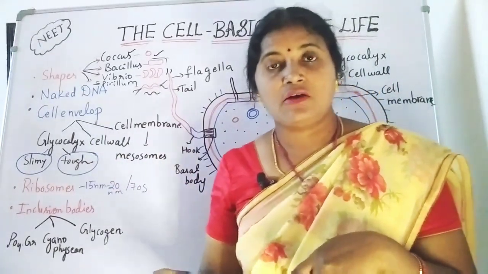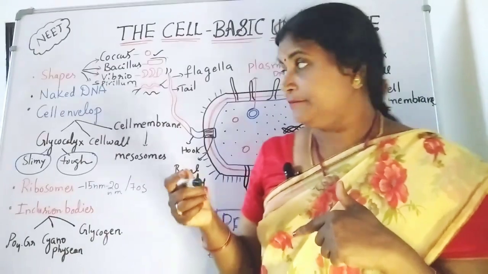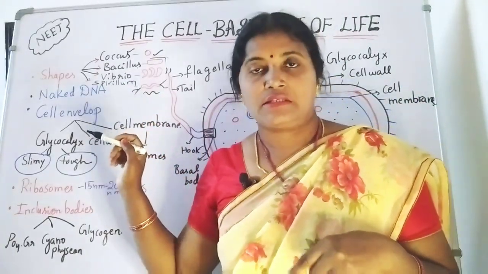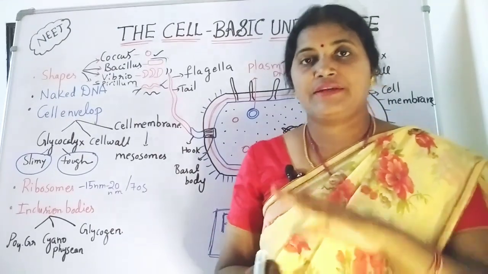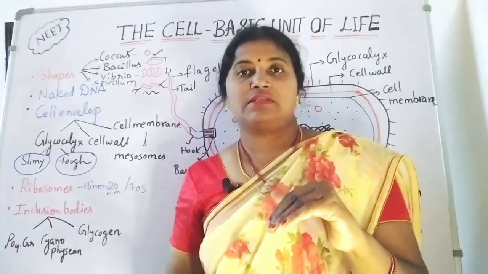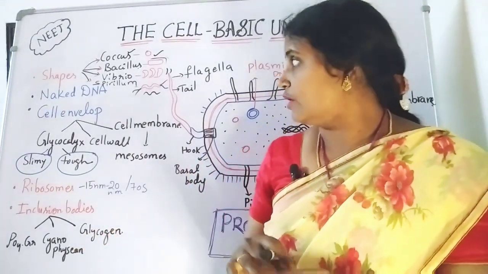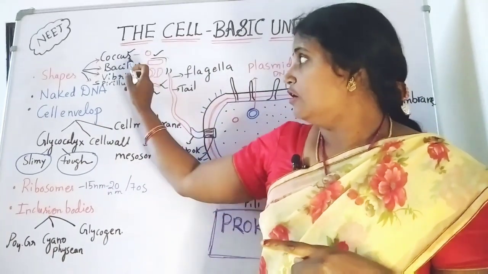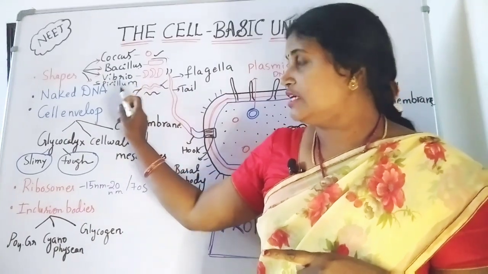Cholera is caused by the organism Vibrio cholerae. And then spirillum, the spiral shaped organisms. So based on the shape, prokaryotic cells are divided into groups. Write down these points: coccus, bacillus, vibrio and spirillum.